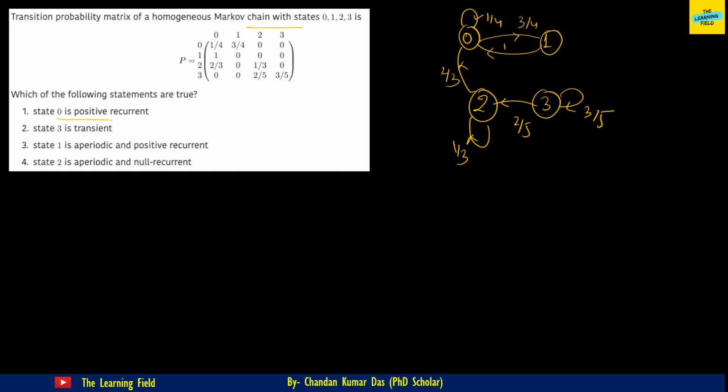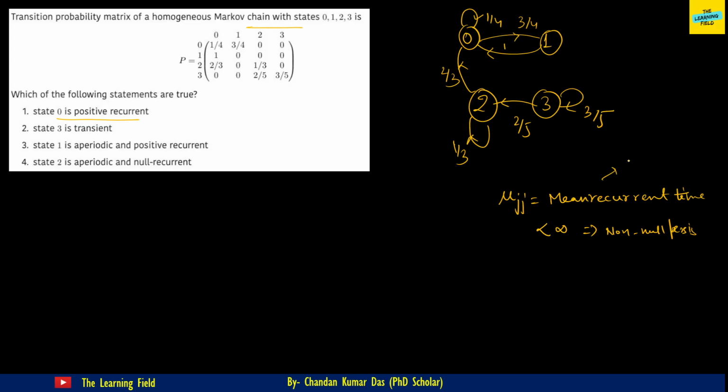Now it says that 0 is positive recurrent. Positive recurrent means non-null recurrent or non-null persistent. So to determine this non-null persistent, you have to calculate what? Mu jj. What is it? Mu jj means mean recurrent time. And we know that if mu jj is finite, then we say that it is non-null persistent.